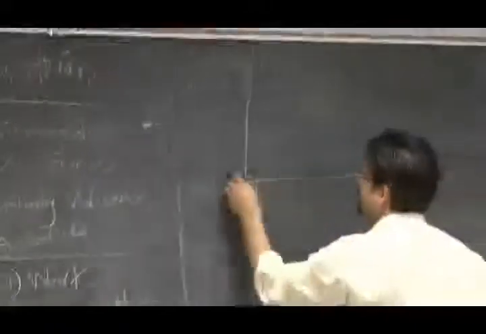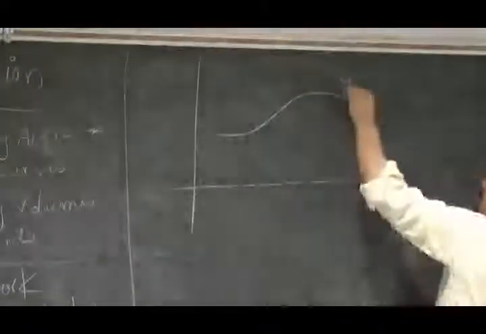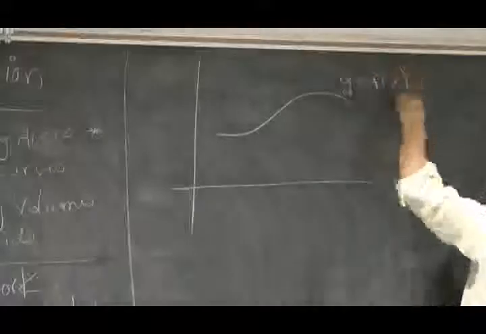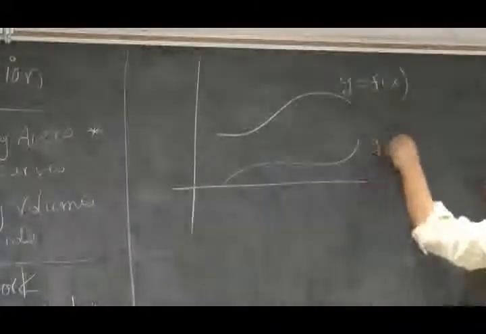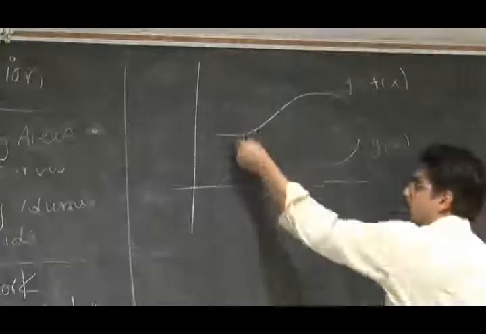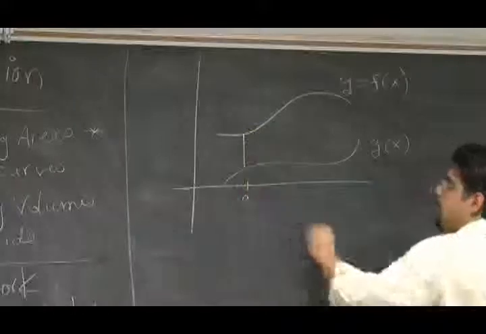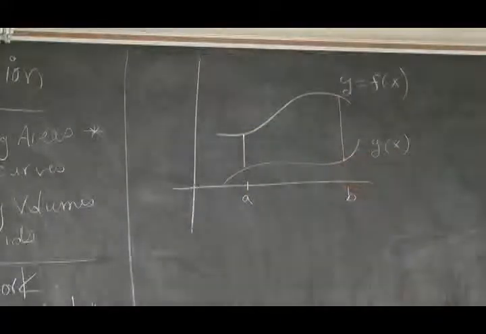Okay? So here's a picture. Let's call this function f of x. Let's call this function g of x. We'd like to come up with a method that helps us find the area between these two curves and the vertical lines x equals a and x equals b.